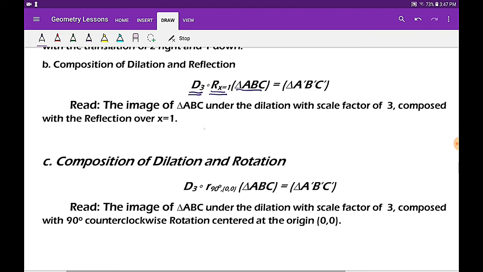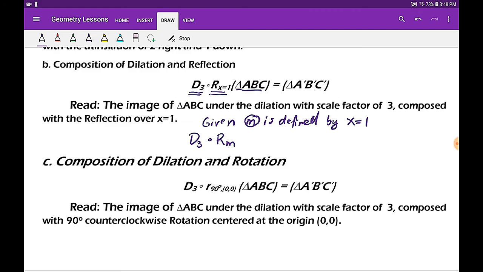For example, given line m, the line is defined by x equals 1. So you can rewrite your composed transformation as D subscript 3 composed with r subscript m. Instead of writing the equation of the line, you can write the name, m. That means the same thing.